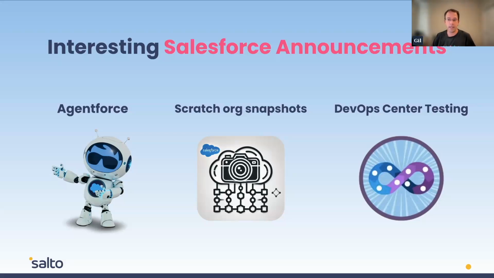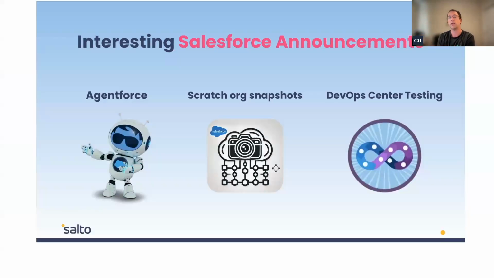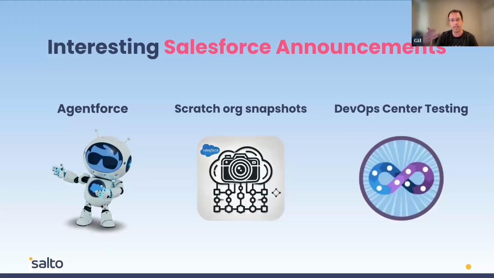existing testing tools. It is very interesting that Salesforce is taking a best of breed approach for testing, meaning they're relying on third-party partners that are focused on testing to solve that issue, and then they integrate it into DevOps Center for gates, etc. This is very similar to the approach we have at Salto: testing is a critical part of DevOps and the release pipeline, there are companies who are experts in that, and we need to make sure that the architecture of the CI/CD or DevOps platform we're using can connect to that.